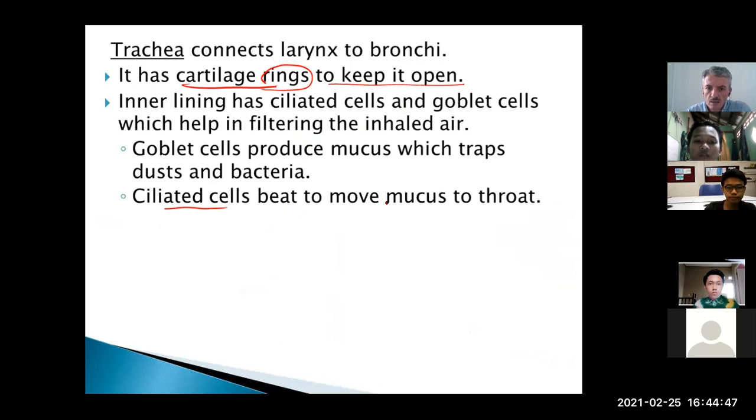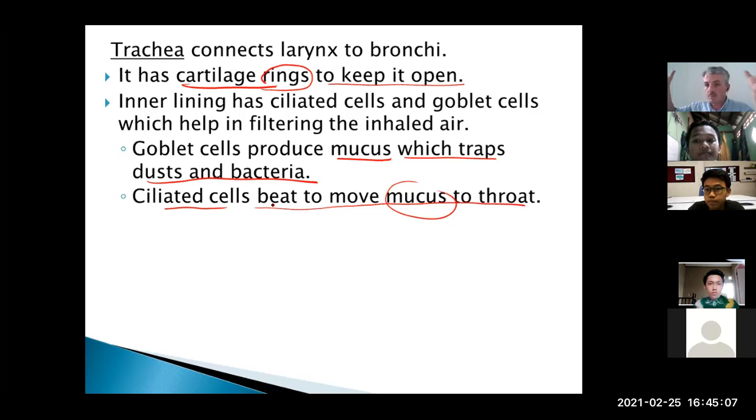Ciliated cells to move mucus to throat, up, like from lungs, away from the lungs towards the throat. Why mucus? Because mucus is sticky, so it traps dust and bacteria.